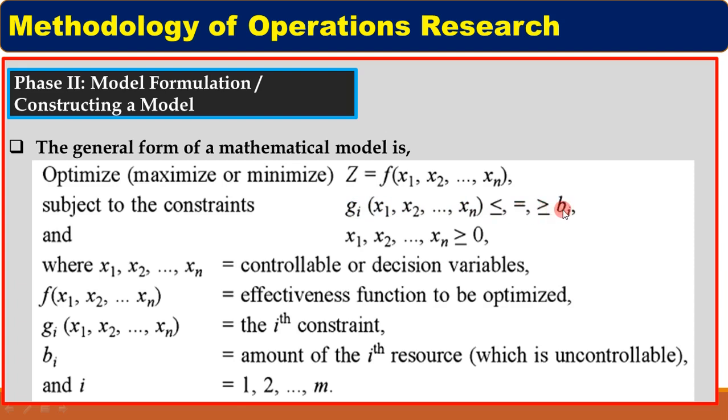On the RHS, there is a bi term which represents the limited resources, and x1, x2, xn are the decision variables, which are the output of OR problems, to be found after solving the problem, and on which the decision depends.